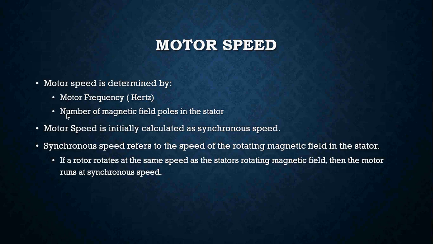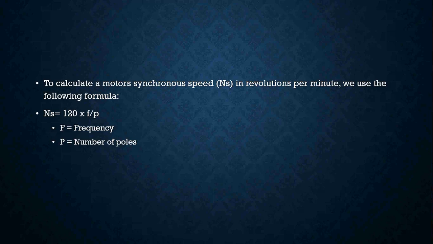So if a rotor is rotating at the same speed as the stator's rotating magnetic field, then the motor is running at a synchronous speed, which means both are running at the exact same RPMs. Now, in reality, motors do not run at a synchronous speed.